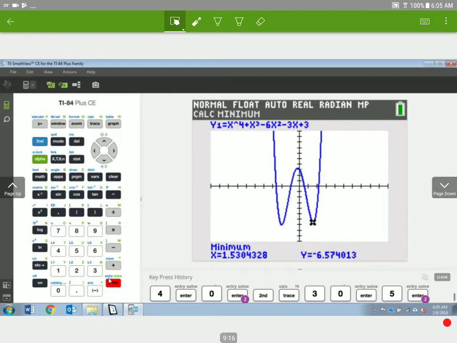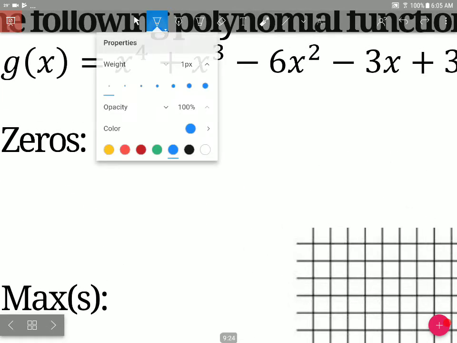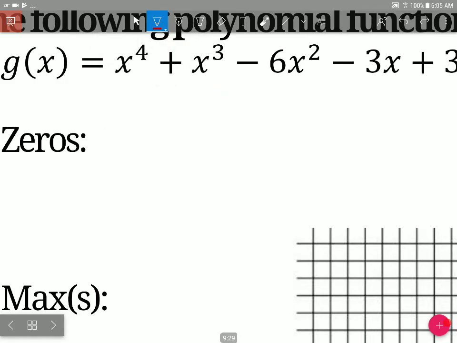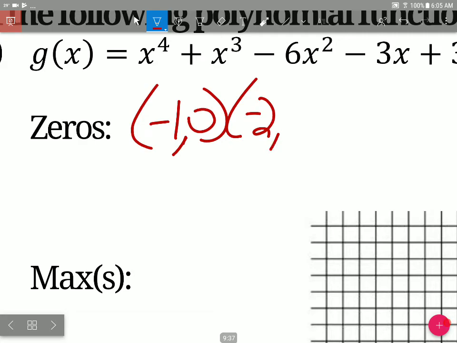All right, so that being said, we got a lot to deal with over here. So I'm going to zoom in so I can write a little bit crazier, but it comes out clearer. So we've got a 0 at negative 1, comma 0, negative 2.7, comma 0.